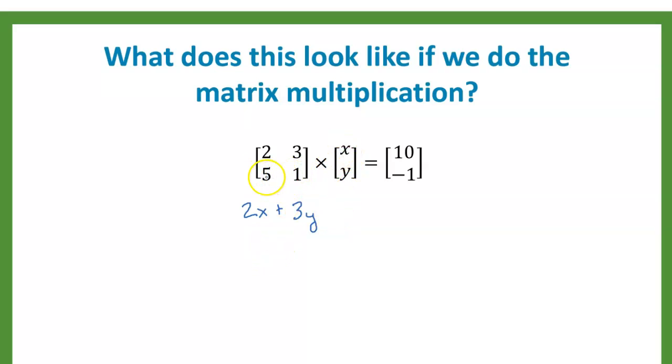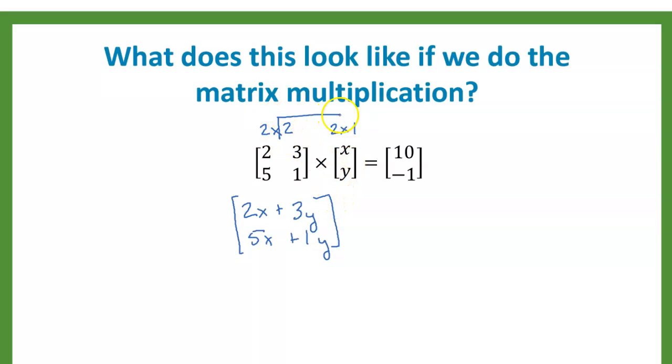Similarly, we'll do that with the second row, 5x plus 1y. And that is our matrix. Remember, when we did analysis of the dimensions of a matrix, this is a 2 by 2, 2 rows by 2 columns. This is a 2 row by 1 column.